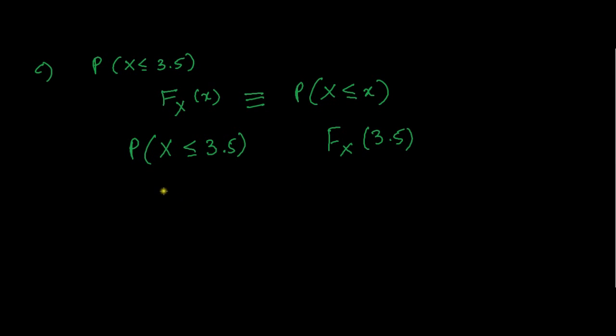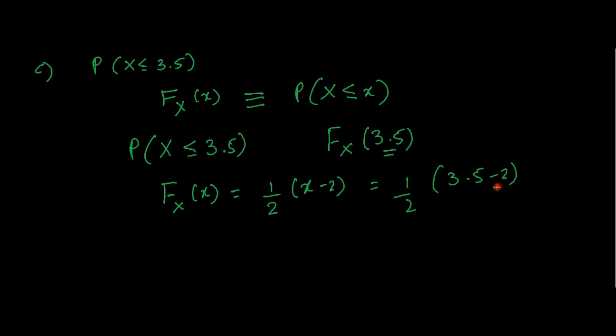Earlier we found that for this question the cumulative distribution function is half times x minus 2. Substituting the value of x here, we get 3.5 minus 2, so that is 1.5 by 2, which is equal to 0.75.